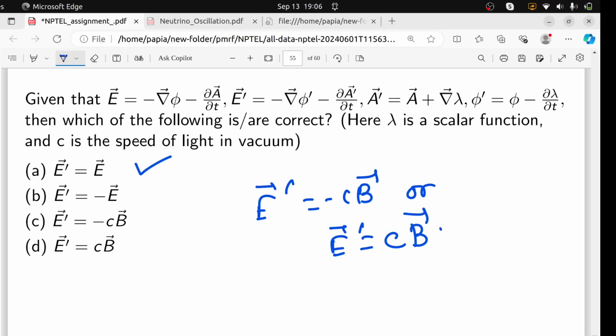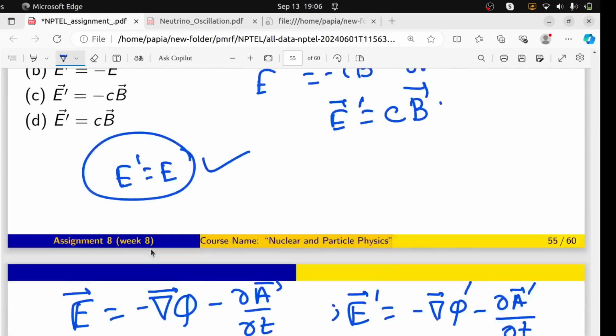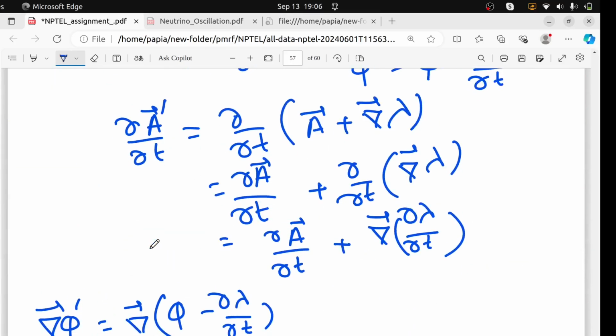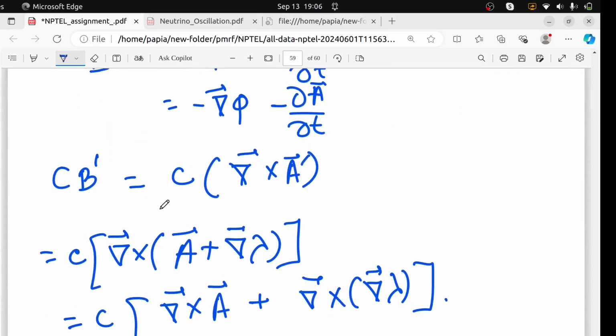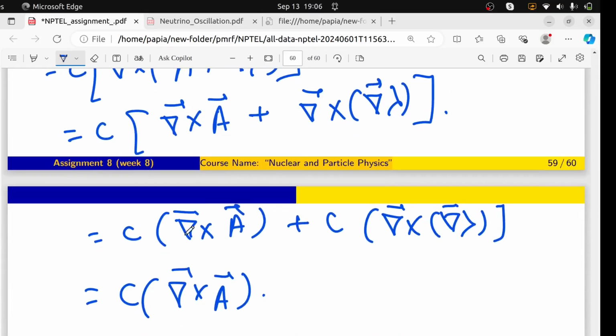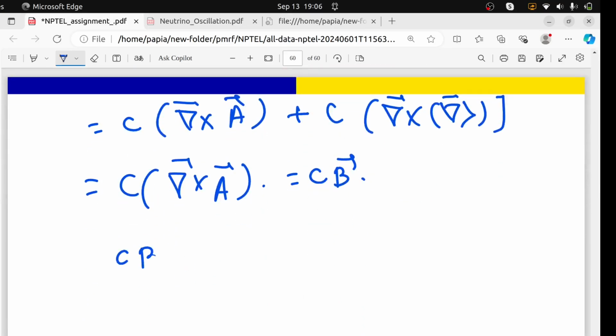Now see here, we have checked that E prime equals E, and also we can check that B prime equals B. I have already given that one also. Yes, CB prime equals CB. So we can check that CB prime equals CB, and E prime equals E.